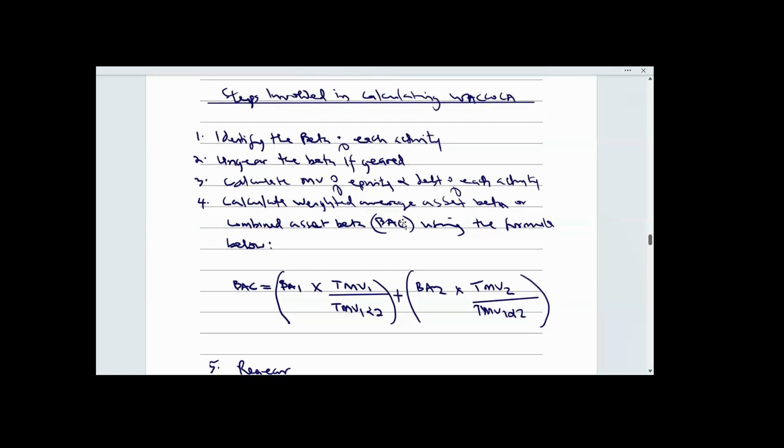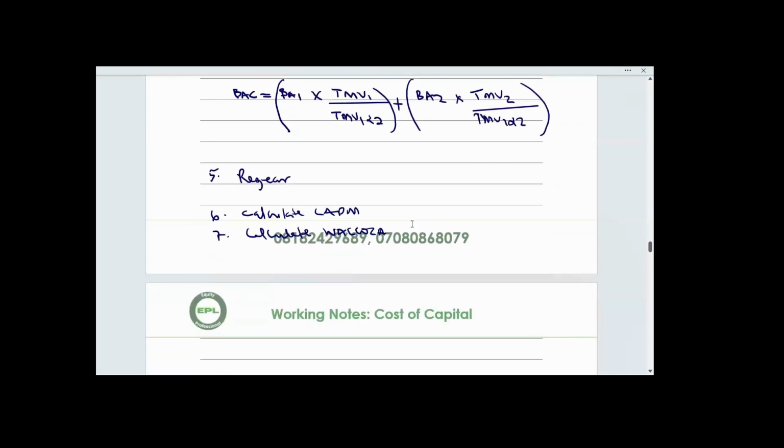Market value of equity is number of shares multiplied by share price. Market value of debt is the nominal value multiplied by market price of the debt divided by 100 naira. The same formula you use to regear, the same formula for CAPM cost of equity, the same formula for WACC.